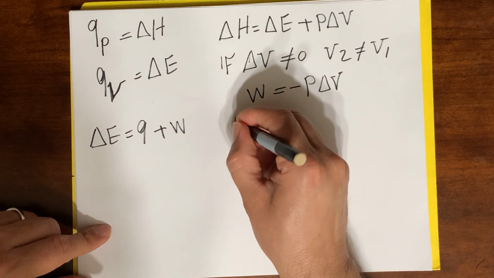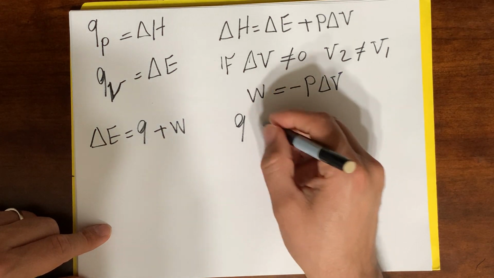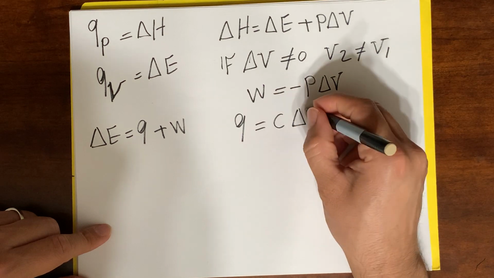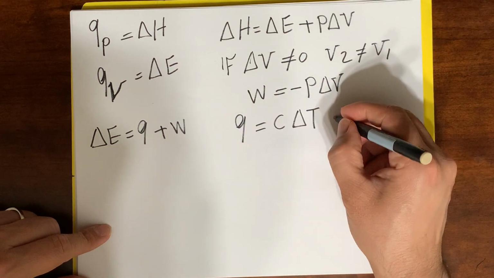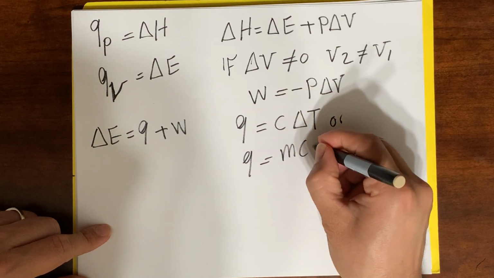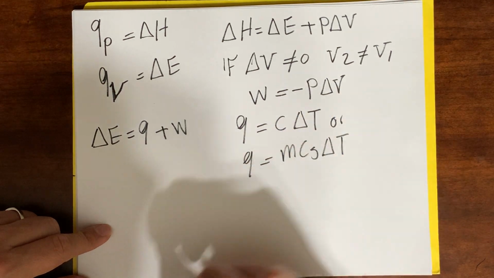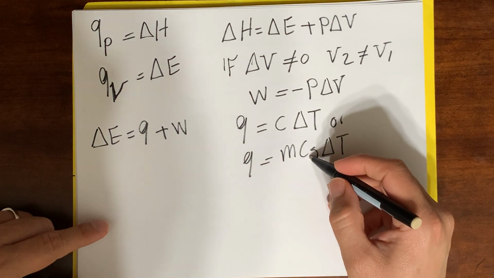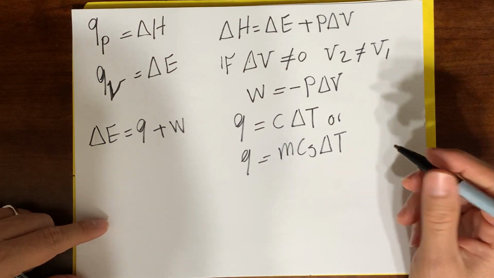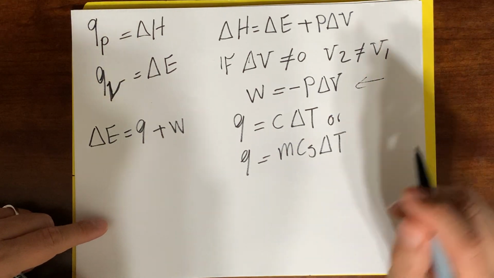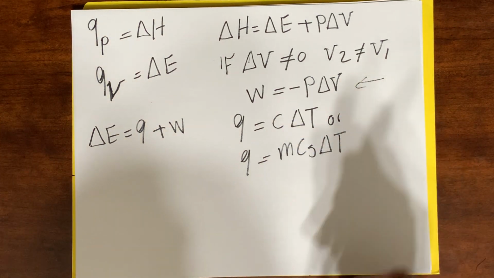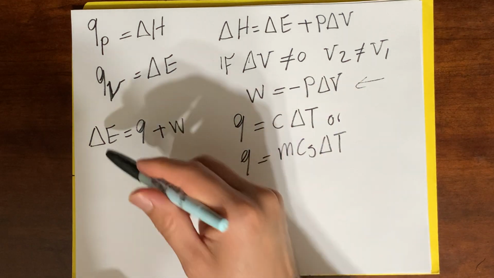Next, Q you can calculate through C delta T, heat capacity multiplied by change in temperature, or Q equal to m c s delta T, mass multiplied by specific heat capacity multiplied by delta T. How about work? Work is equal to minus P delta V. So we can calculate the work, add it to heat, and get delta E.